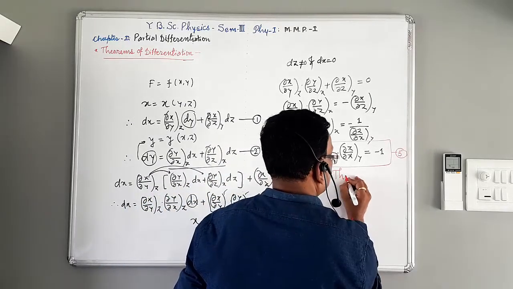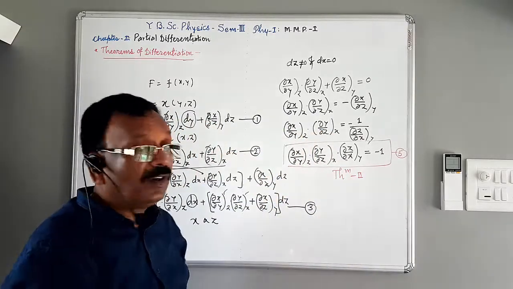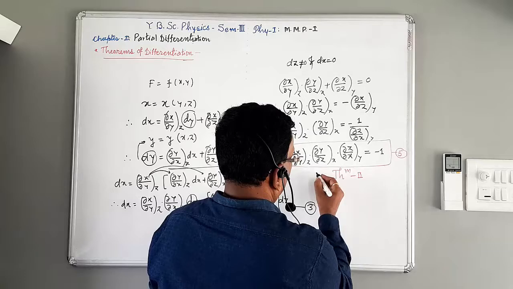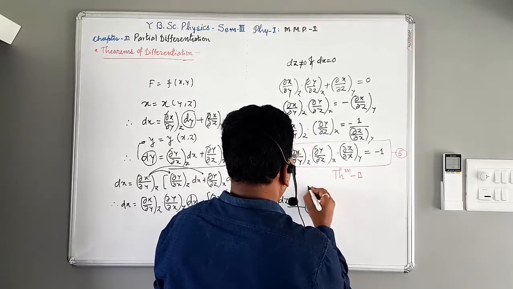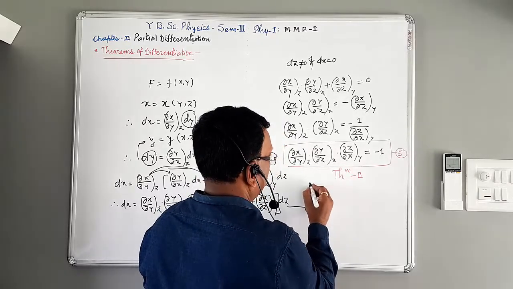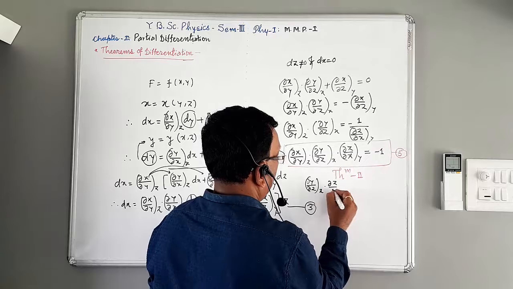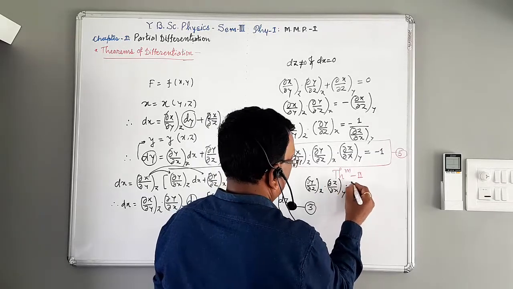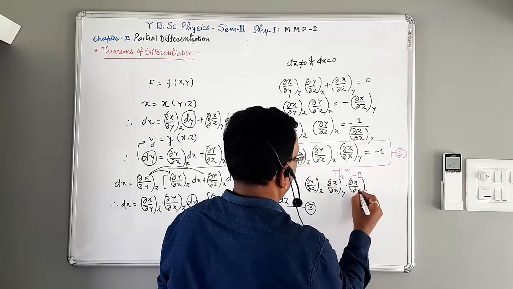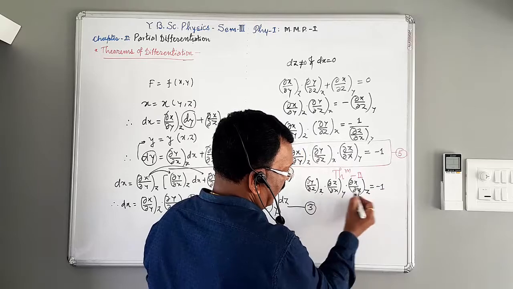This equation 5 represents the second theorem, and this equation or relation is called the cyclic relation, because we can modify this equation like this, simply maintaining the cyclic order x, y and then z: ∂y/∂z at constant x into ∂z/∂x at constant y, then ∂x/∂y at constant z is equal to minus 1, and this is the cyclic equation x, y, z.